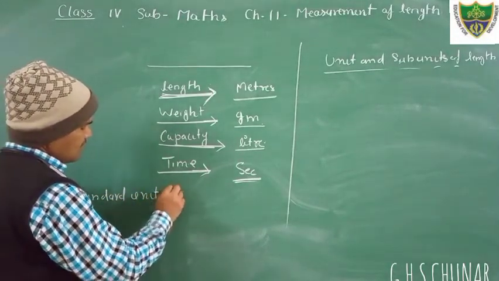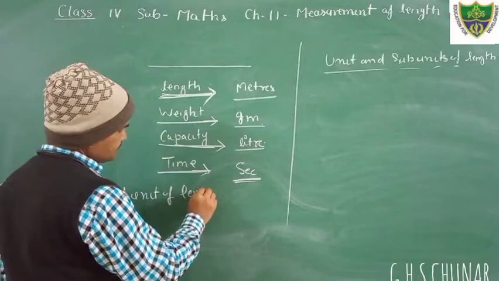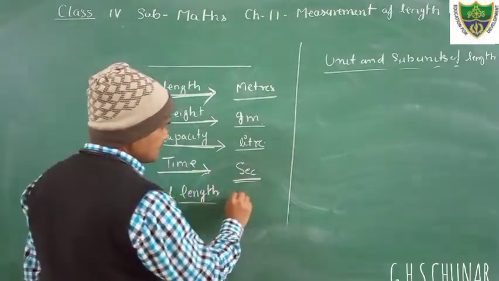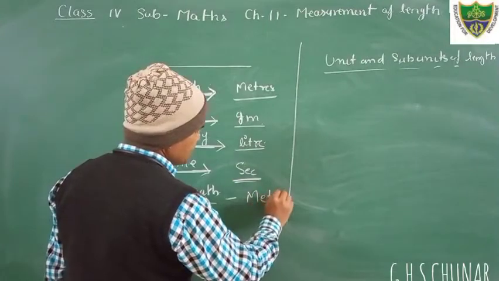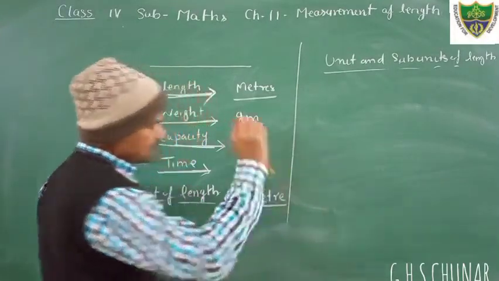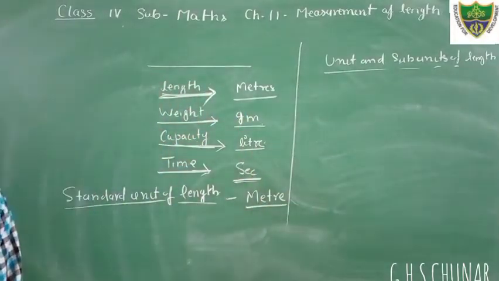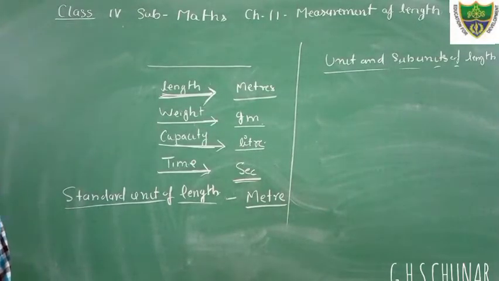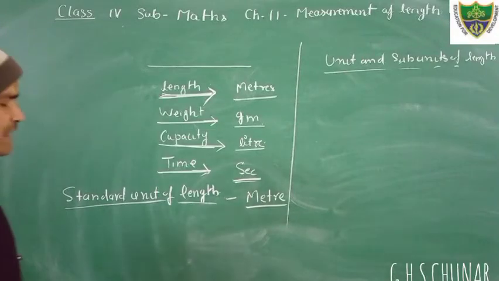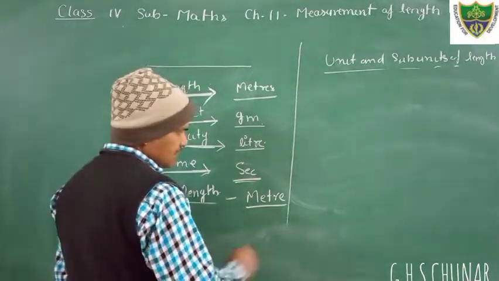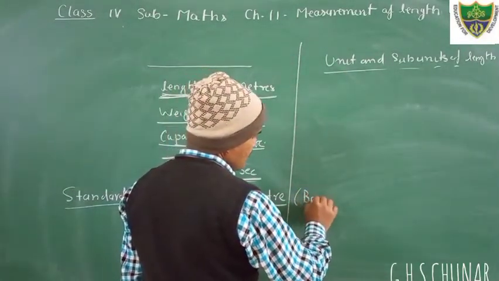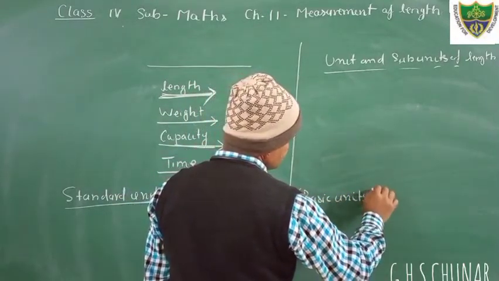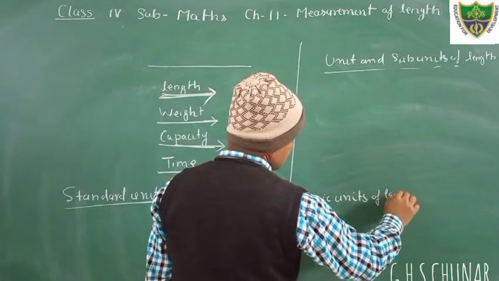Okay, so first we will write the standard unit of length. Which is the standard unit of length? You will write it, that is meter. This is the standard unit of length, or you can say this is the basic unit. It is also called the basic unit of length.